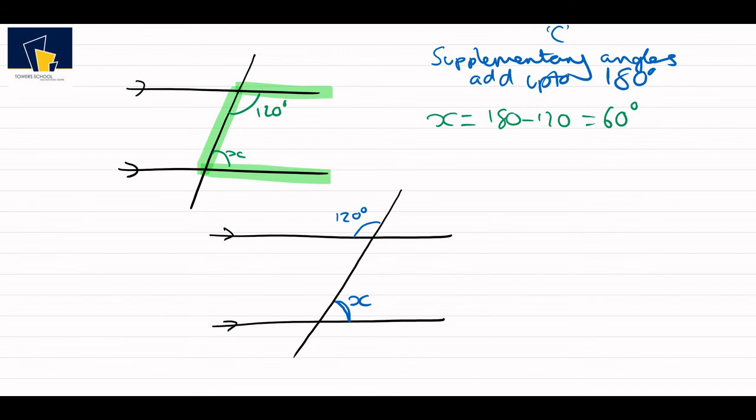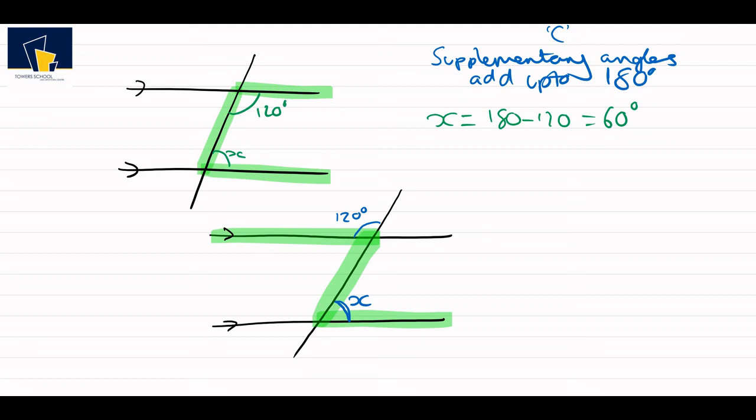If I create a C, it'll be there. If I create an F, that'll be that one there. And if I create a Z, it'll be that there. It doesn't matter which one you create, as long as you create an angle letter using the angle you are finding. I'll leave it as Z for now, and I'll show you all the ones as we go along.